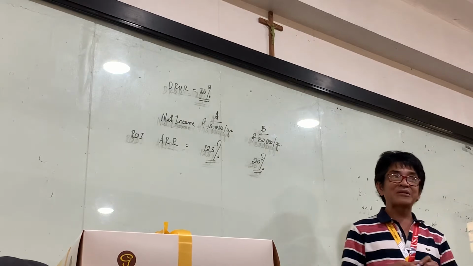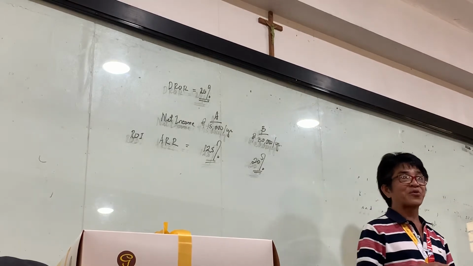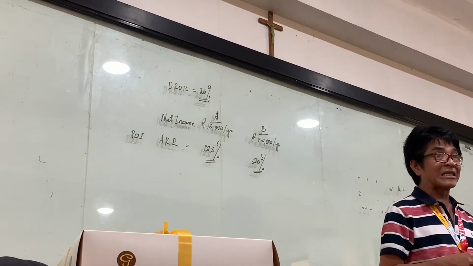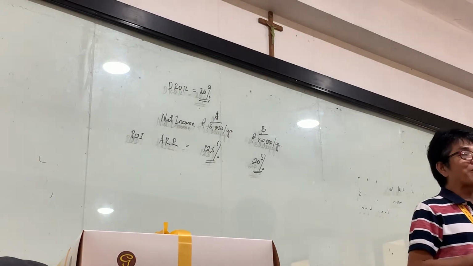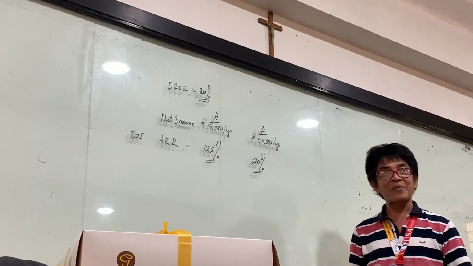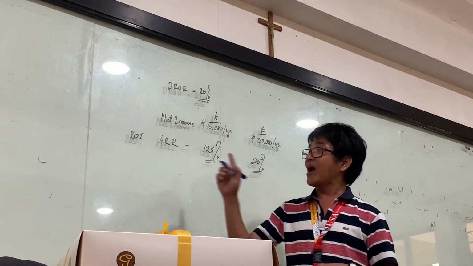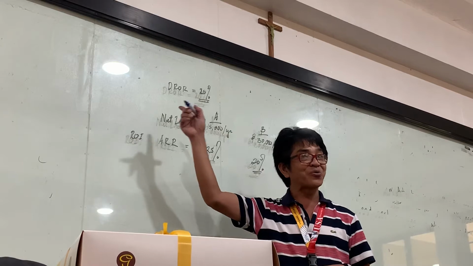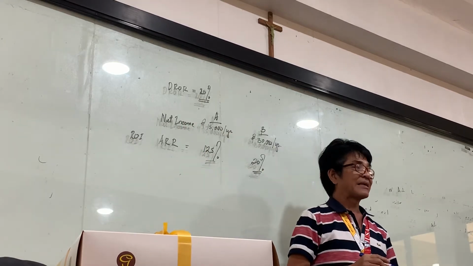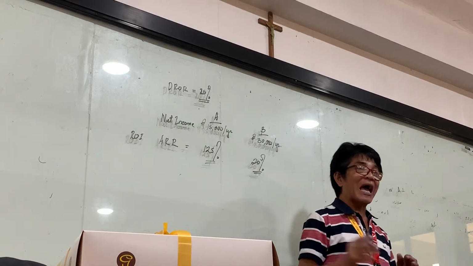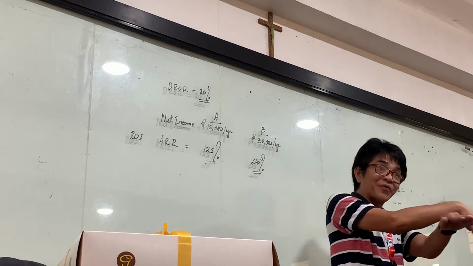Okay, please take note, the DROR is another term for cost of capital or hurdle rate. If you are borrowing money from a bank and you are paying 20% interest, your ROI should not be below 20%. Clear? It should be above 20%, above the hurdle rate.